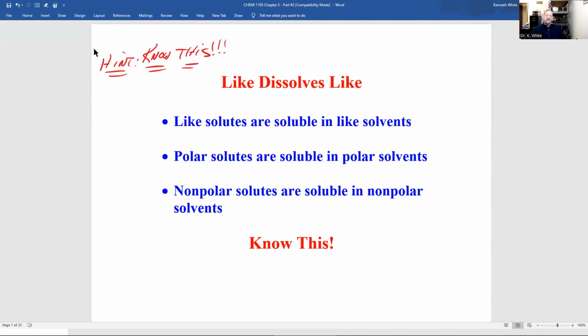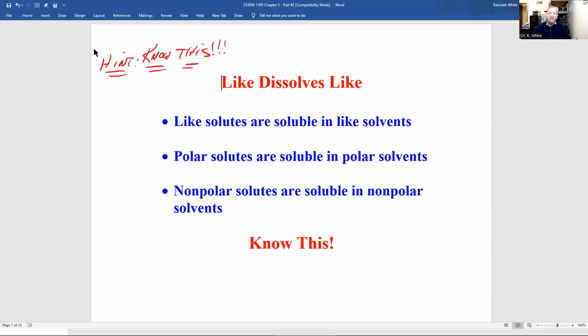And know this, that's the rule of thumb: like dissolves like. What's a rule of thumb? It's something that's true most of the time, like 99% of the time. It's not a law. A law is true 100% of the time. So like dissolves like is the rule of thumb, but it's quite an important one.